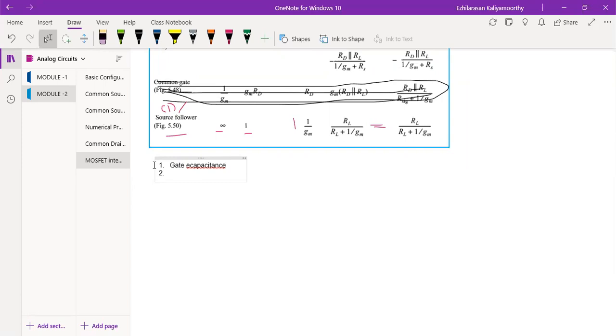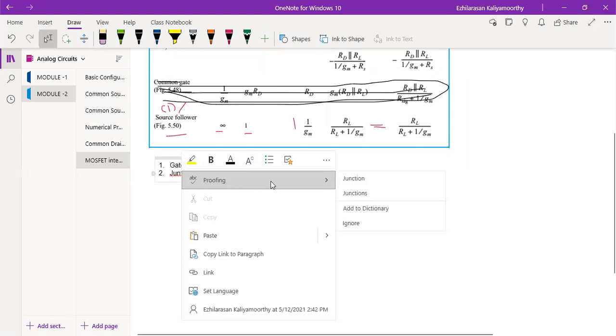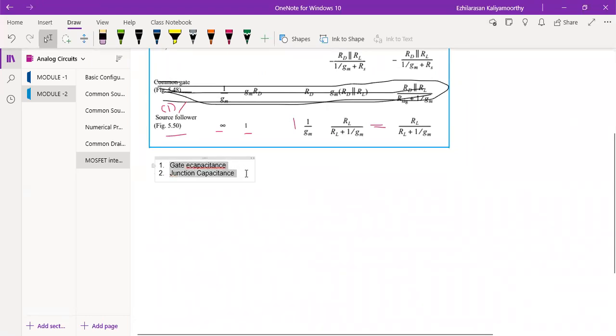The second one is junction capacitance. So these are the two internal capacitances.